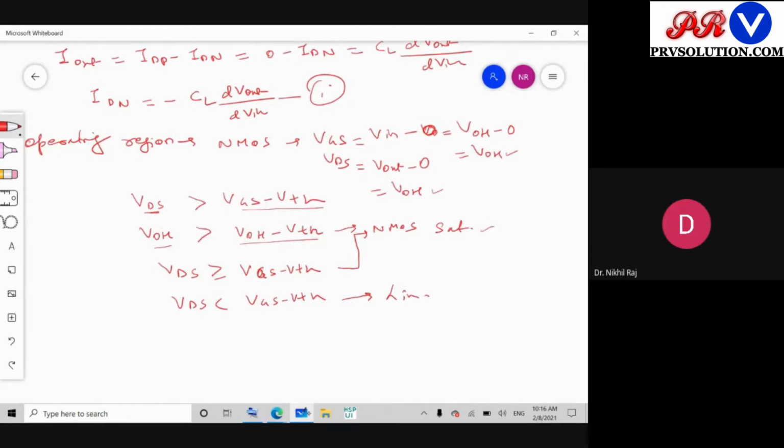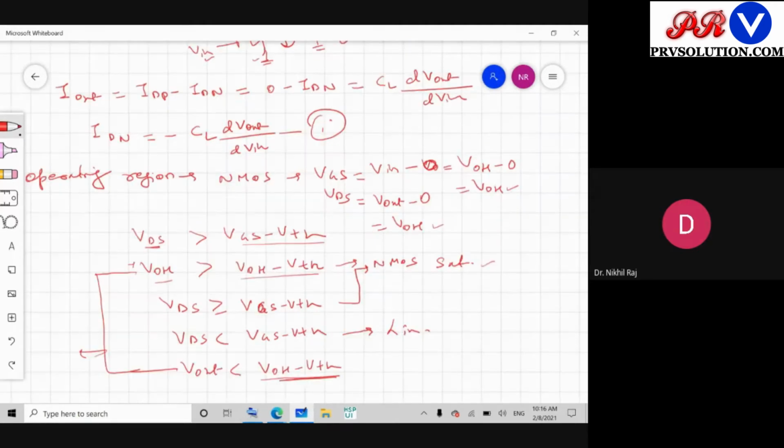So what is that case? That case says VDS, which is Vout, should be less than VGS, which is VOH, minus VTH. So from this, what we can conclude is that VOH minus VTH is the point from where the NMOS will change its region of operation.